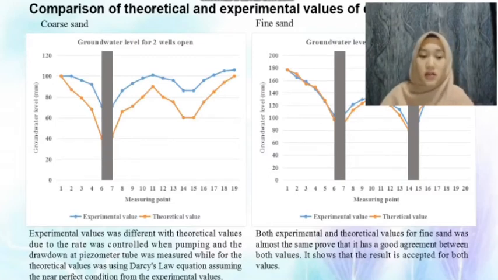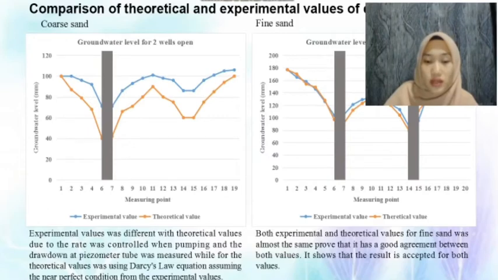The initial groundwater level for coarse sand is 100 mm and the highest difference was at piezometer tube 6 with 27.93% difference. Next, for the fine sand, the initial water level is 177 mm and the highest difference was at piezometer tube 15 with 7.77% difference.